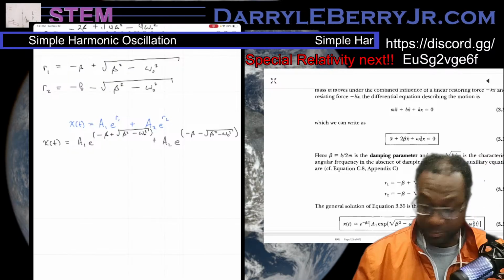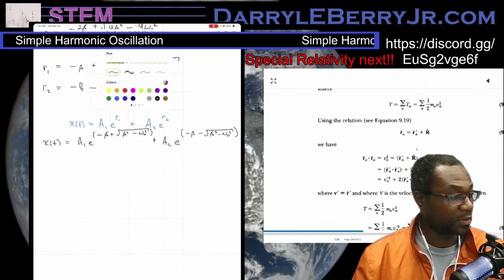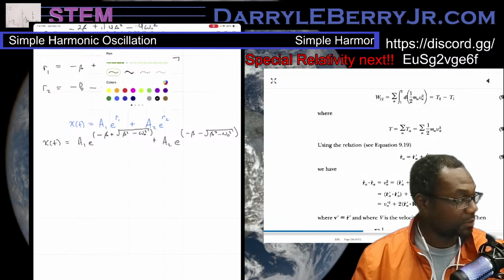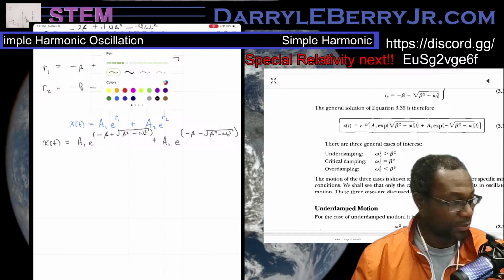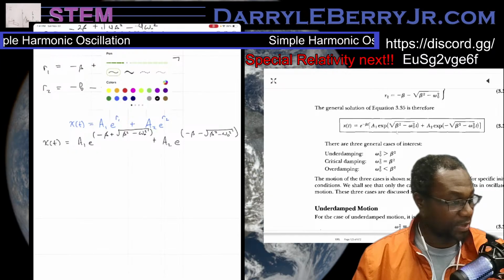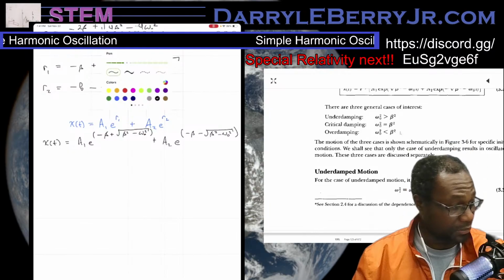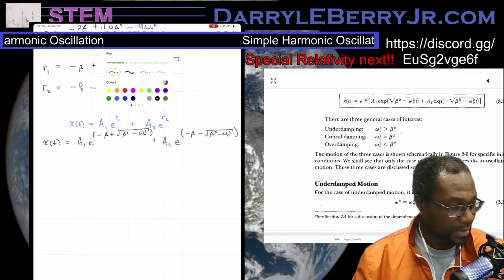We can simplify this a little bit, but I think I shall leave it in that form for now. The textbook simplifies it a bit more, but I'll just leave it like this for now. So that's the expression for position.